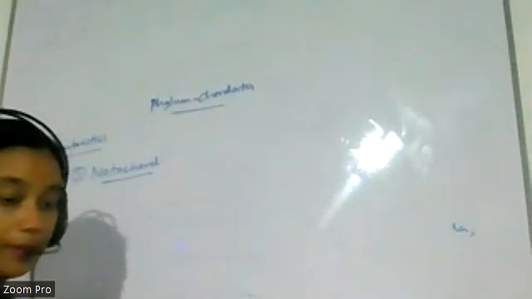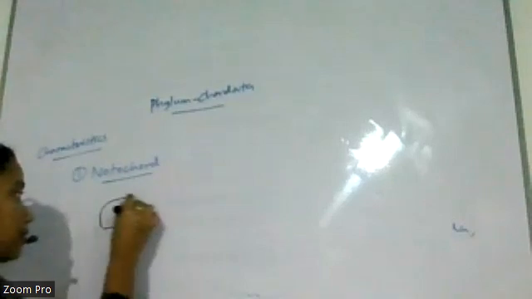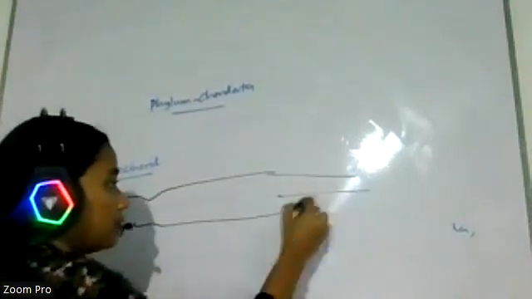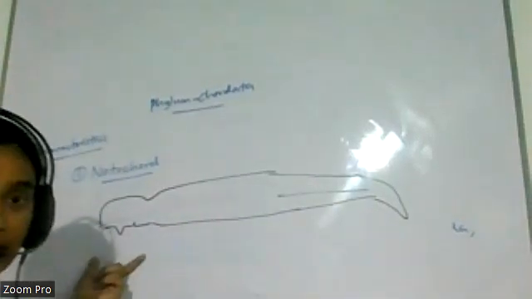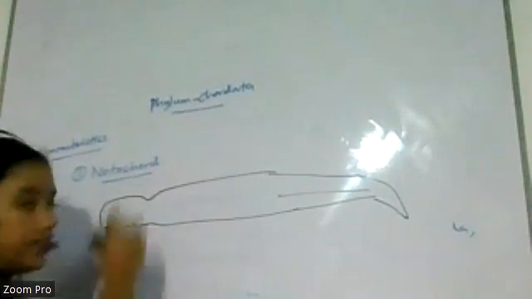It is a rod-like structure. Actually, it is a longitudinal flexible rod. As this is the individual, the notochord looks like this.